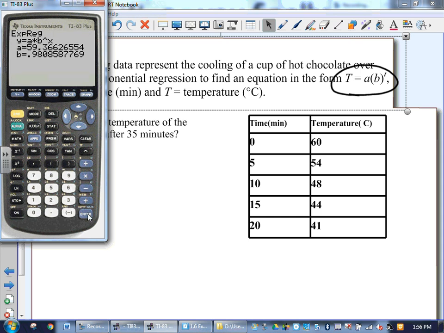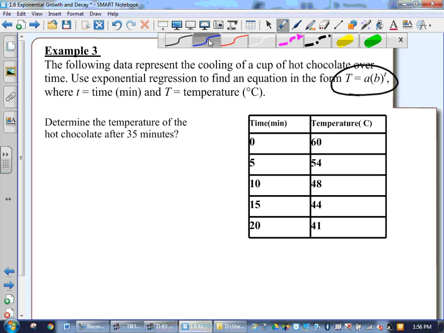Okay? So I'm going to copy that equation, and I'm going to be really detailed on it. So A is equal to 59.366, and B is equal to 0.9809. Just going to check those, make sure that's right, good. Okay.